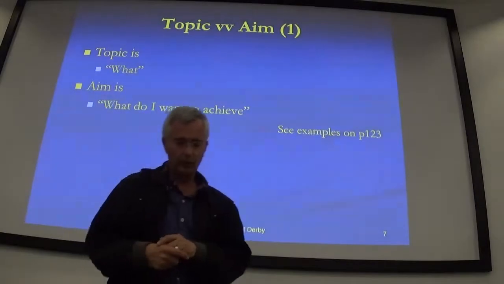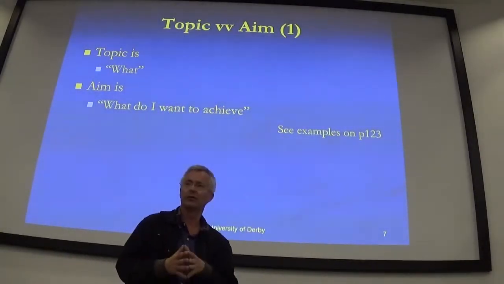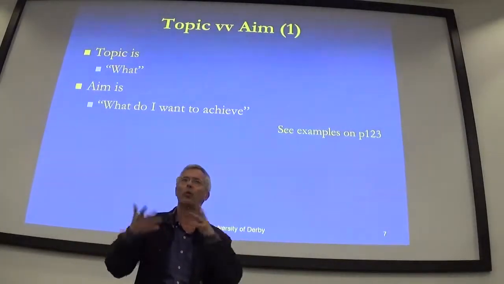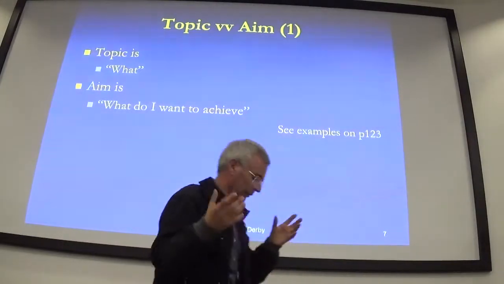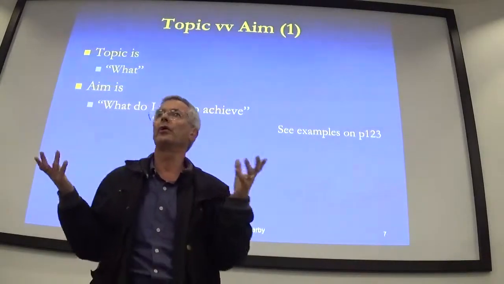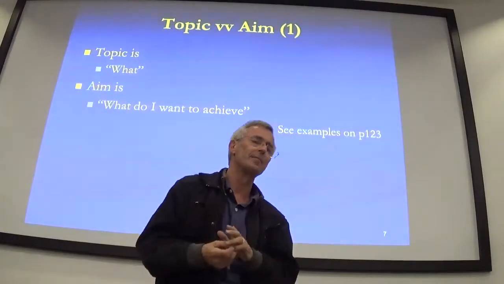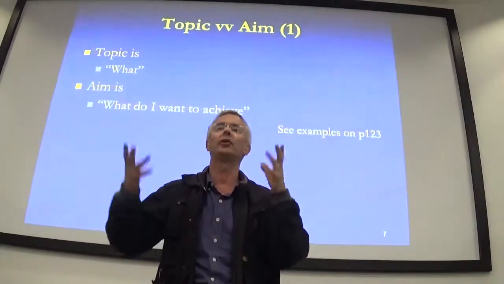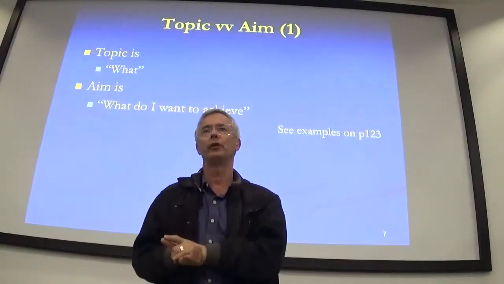Now, we also have to differentiate between the topic, the content, and the aim, what I want to achieve. And this is going to be very, very important all the way through your academic career here at the University of Derby, but it also becomes absolutely crucial as you start moving out into your placement jobs, your workplace, and then into your jobs in the future.